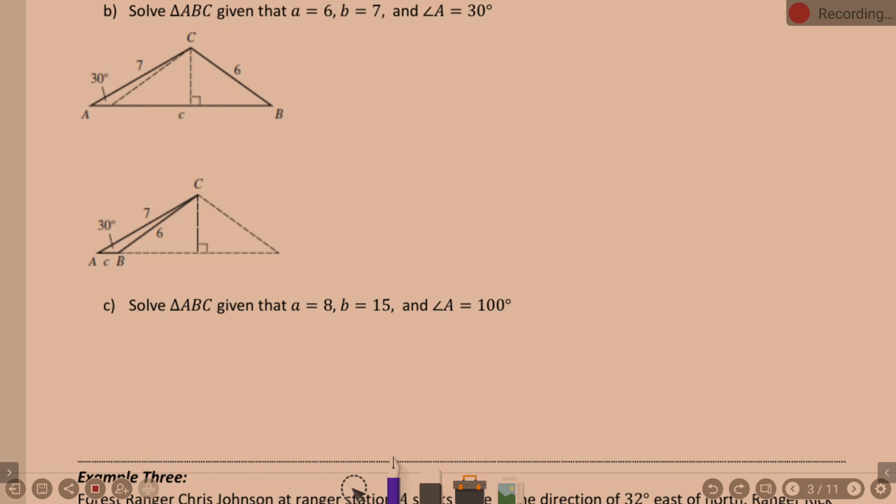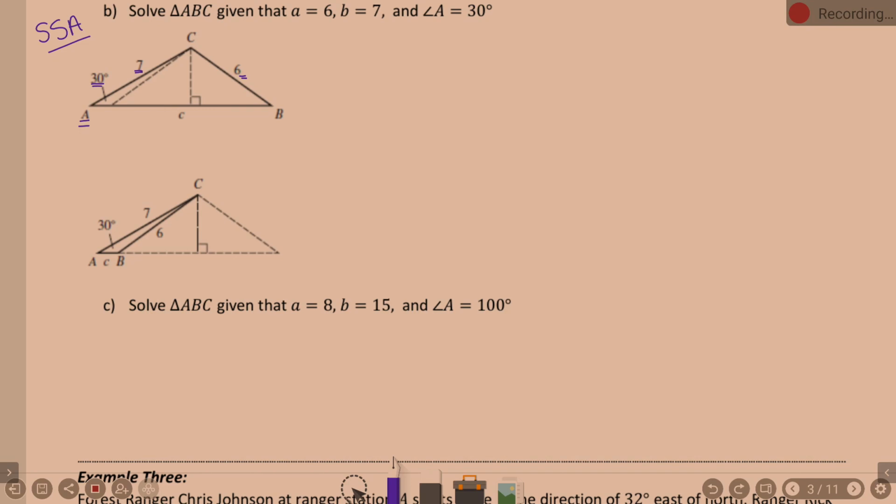So solve triangle ABC. Given that, what do we have here? Side A is 6, side B is 7, and angle A is 30 degrees. That's the given information. Notice that we are definitely still in a side-side angle situation. What do we notice in this case?